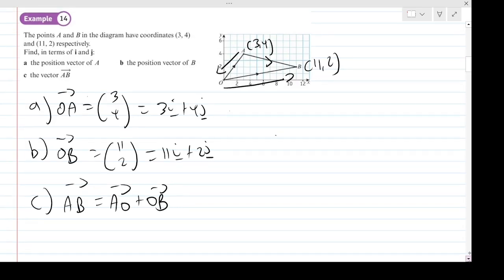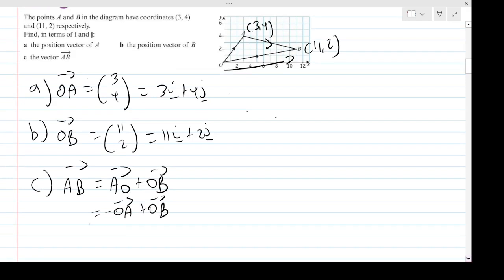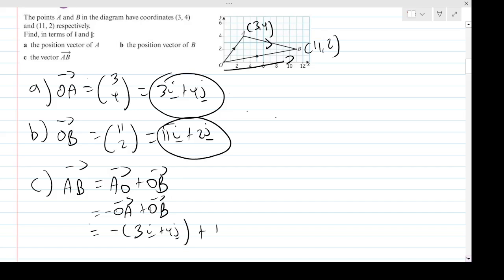Well, AO is the opposite way around of O to A, so it's going to be the negative of OA, add OB. Therefore minus OA is minus 3i, minus 4j, add OB, which is 11i add 2j, and then I just need to add the i's and j's.